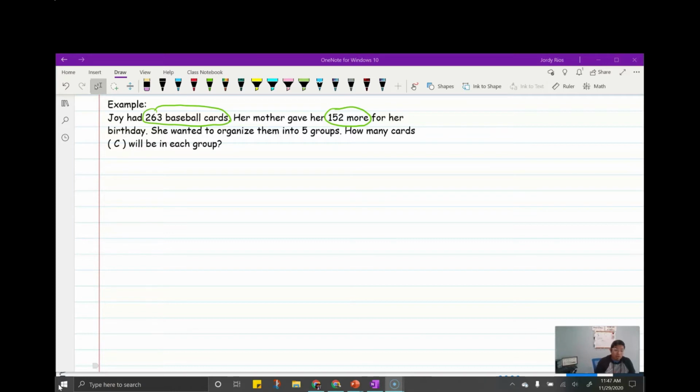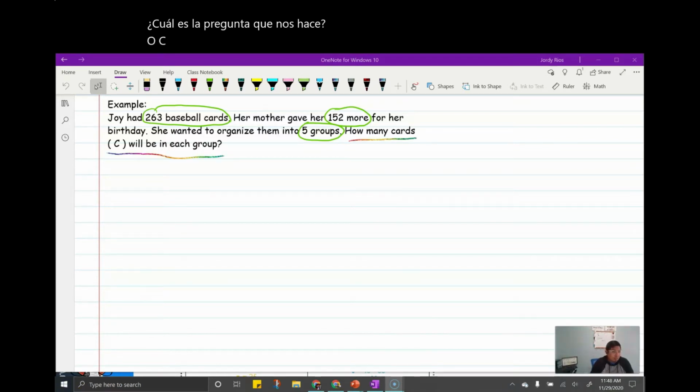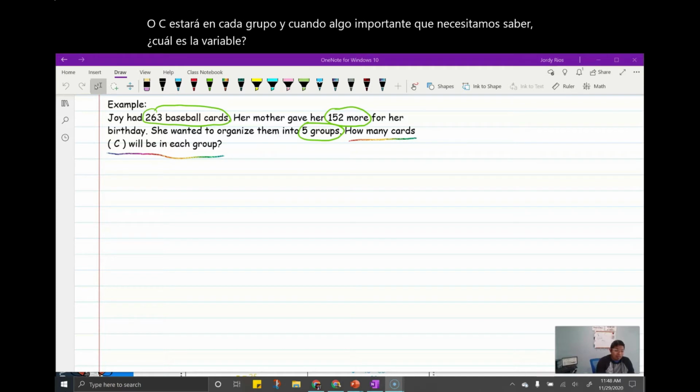Good, that she wants to organize them into 5 groups. And then lastly, the question says what? Good, how many cards, or C, will be in each group? And what's something important that we need to know? What's the variable? Good, that C is to represent cards.